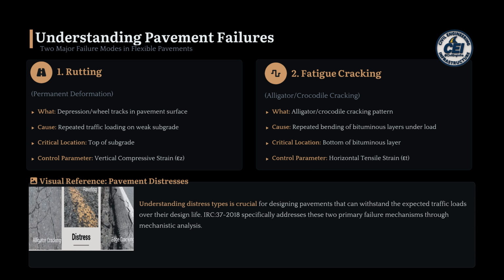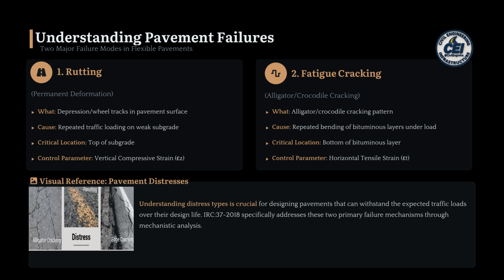To control rutting, we check the vertical compressive strain, meaning how much compression is occurring at the top of the subgrade. Second, fatigue cracking, cracks caused by repeated loading. When bituminous layers bend again and again under traffic loads, cracks start developing.